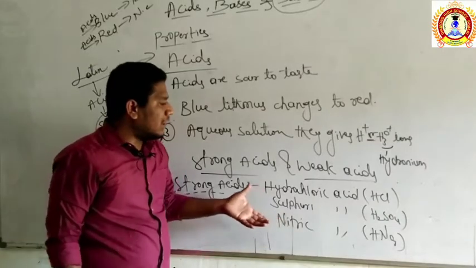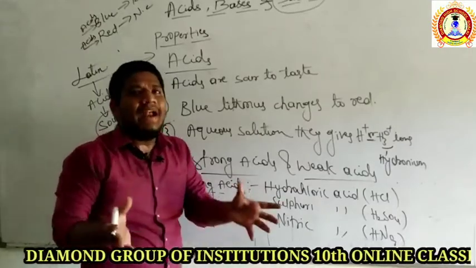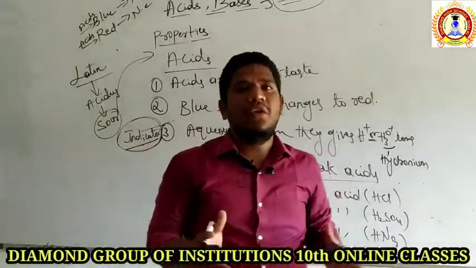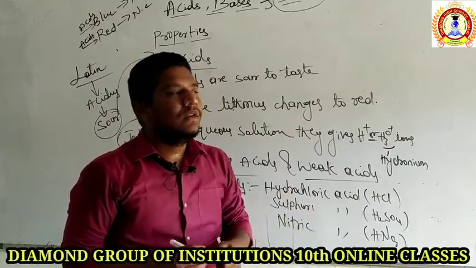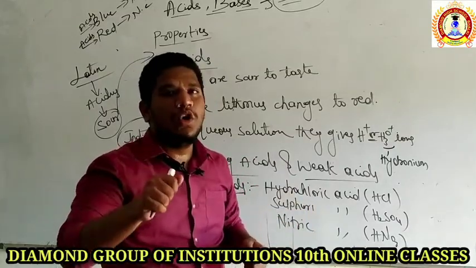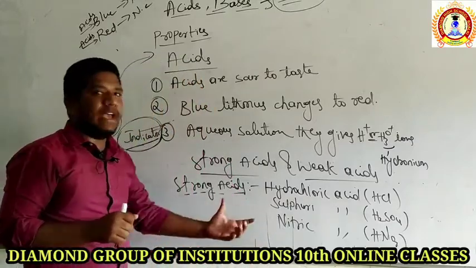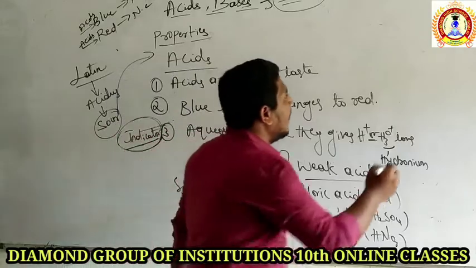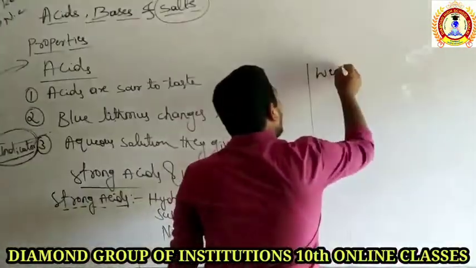They should not be handled bare-handed in the laboratory because they are very strong acids. They always have to be handled with a spatula or a test tube holder. We must use these compulsorily while handling strong acids. Now again there are acids which are known as weak acids.